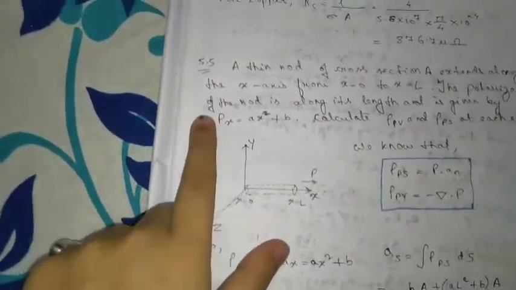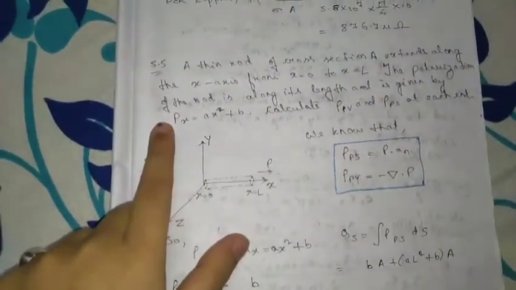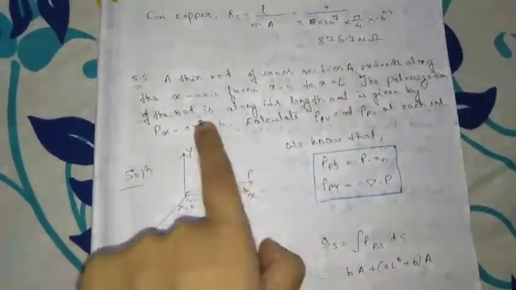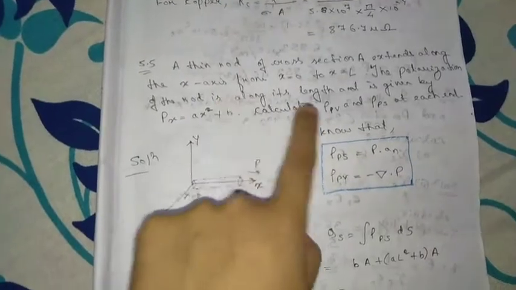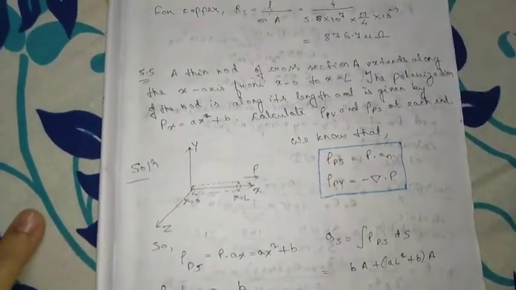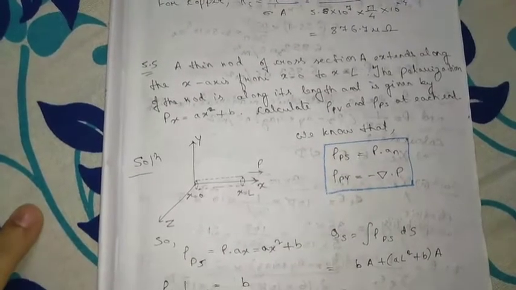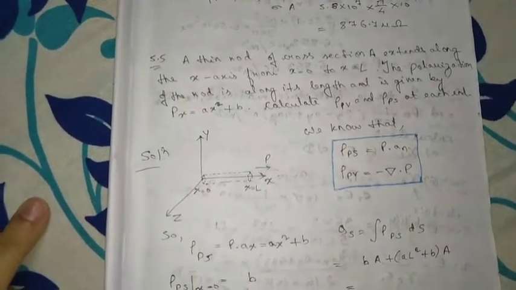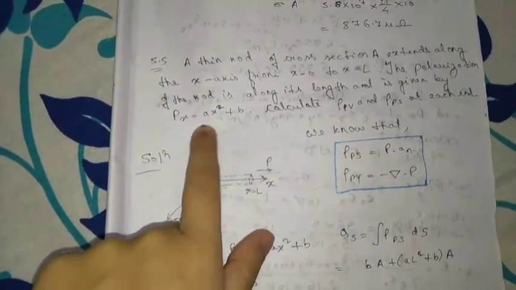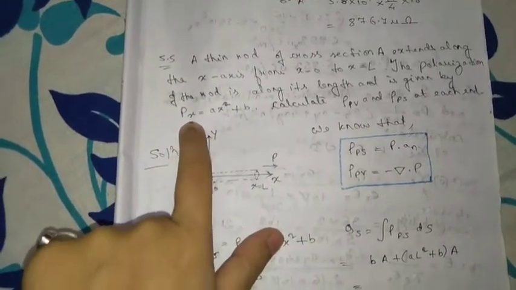Next, let's move to question number 5. What is given? A thin rod of cross section area A extends along the x-axis from x equal to 0 to x equal to L, and the polarization of the rod is along its length and is given by Px equal to ax square plus b. Px means polarization along x.